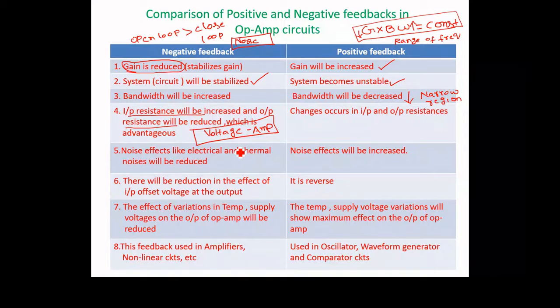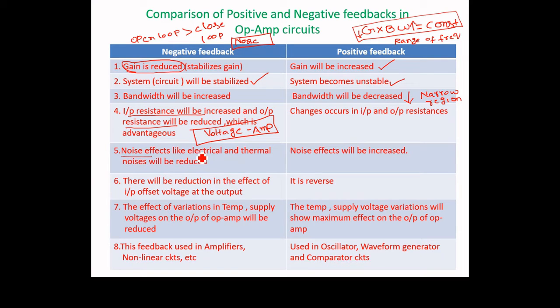For a voltage amplifier, the better characteristic that we require is that the input resistance should be as high as possible and the output resistance should be as low as possible. That is a major characteristic for any voltage amplifier. So these characteristics also will be improved when we operate the op amp in negative feedback. So here also there are changes in input and output resistance, but that is not that necessary.